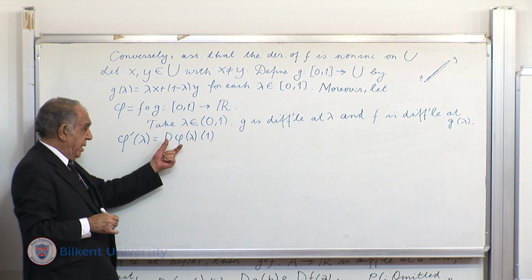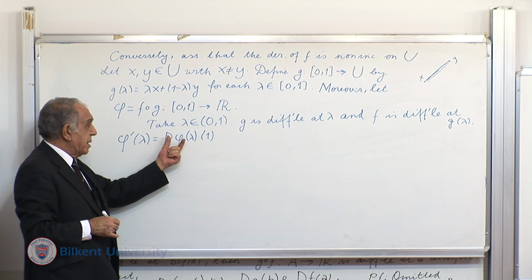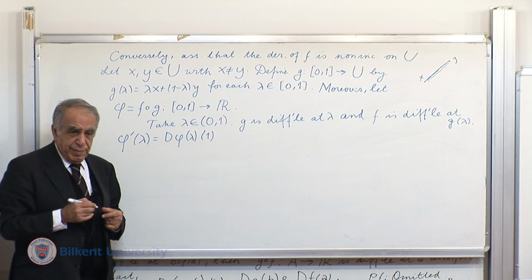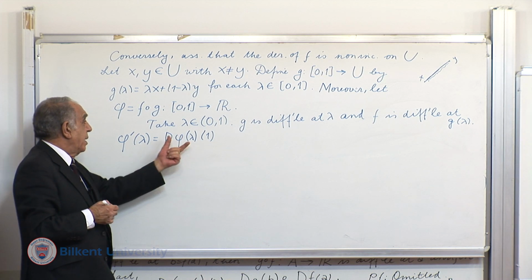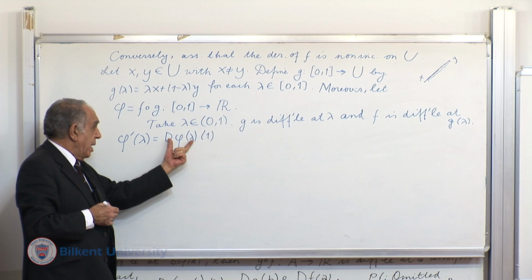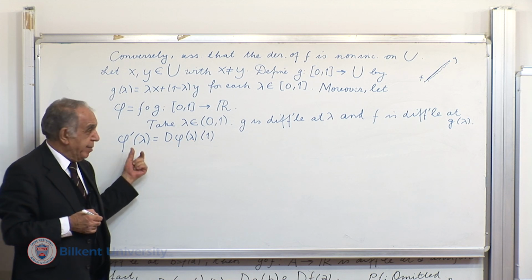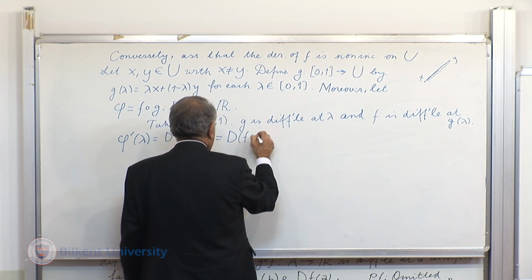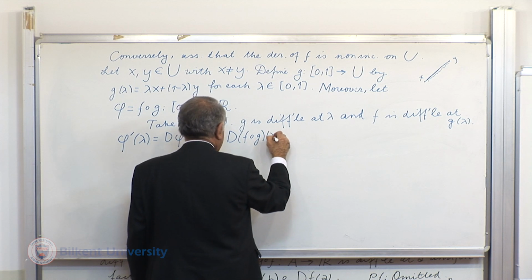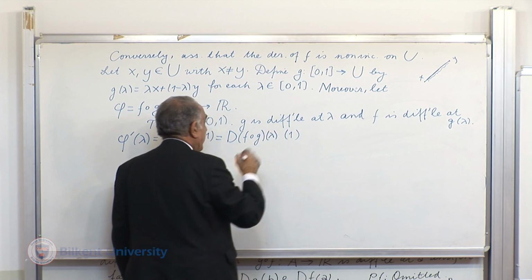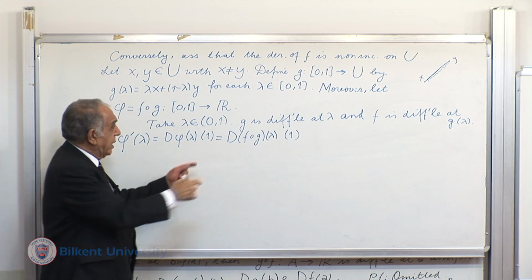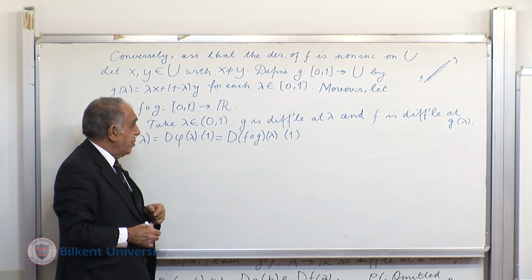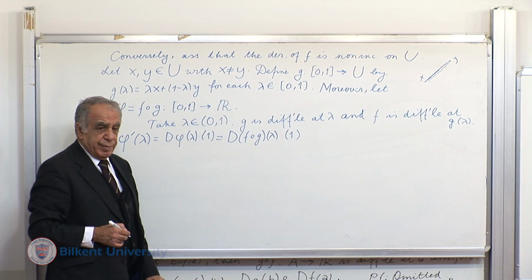Well, the linear map which represents this takes each u to phi prime of lambda times u. But when u is 1, the image of 1 under this is just phi prime lambda. But this is equal to d of f circle g of lambda evaluated at 1. So this is a linear map as a whole, and this is the value of that linear map at 1.